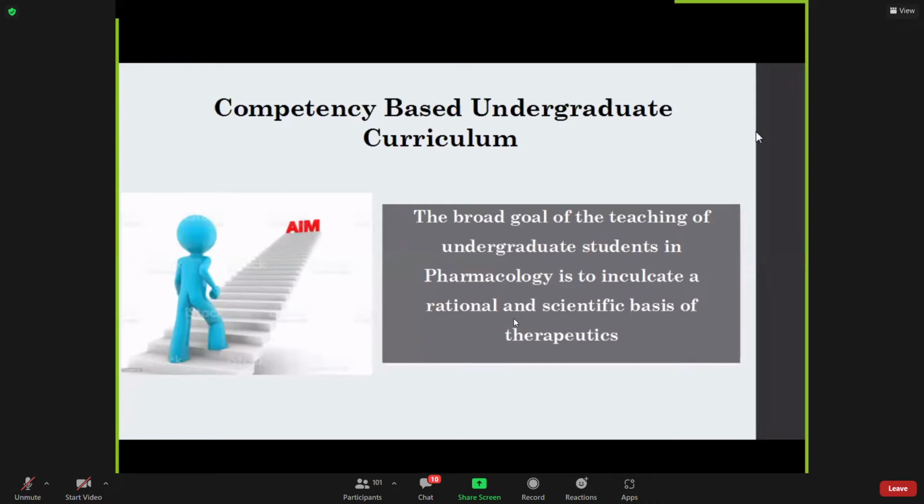Because this terminology we'll be using throughout. Okay, scientifically proven, that is one aspect. Adequate. Adequate in terms of what? In terms of whom?